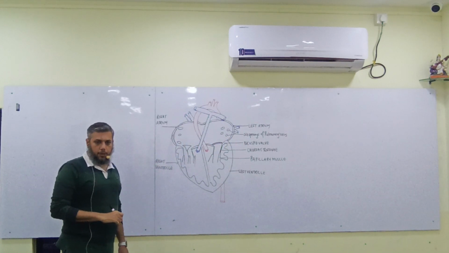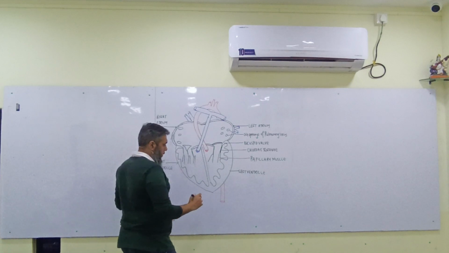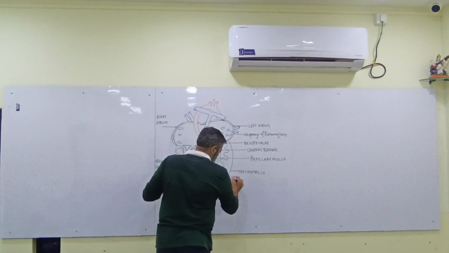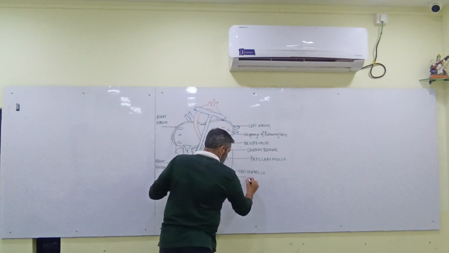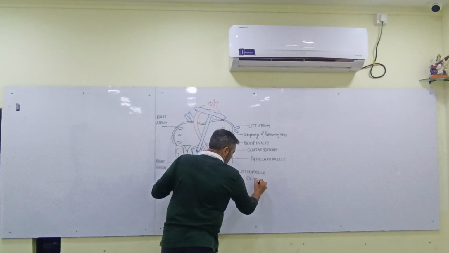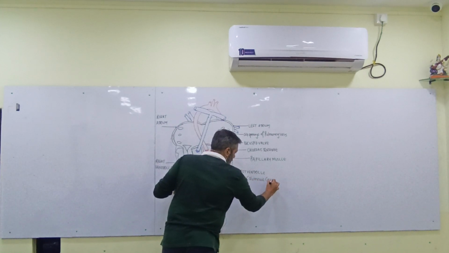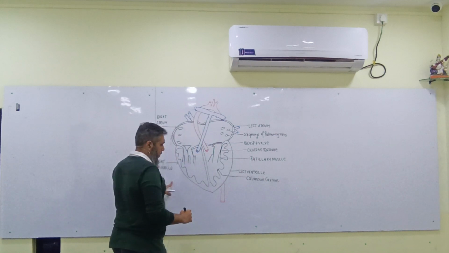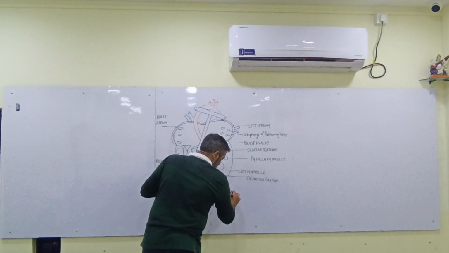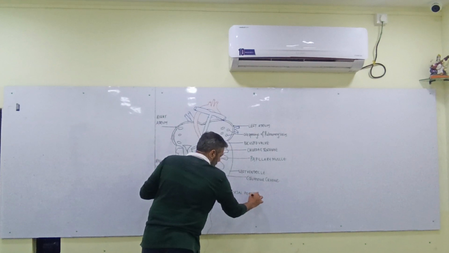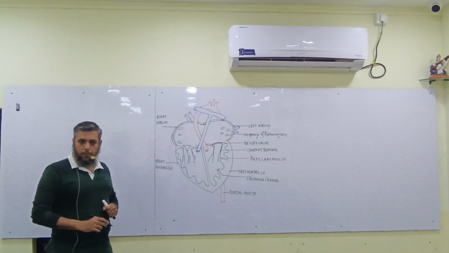Okay, and this elevation is called the columnae carne. This here is the dorsal aorta.